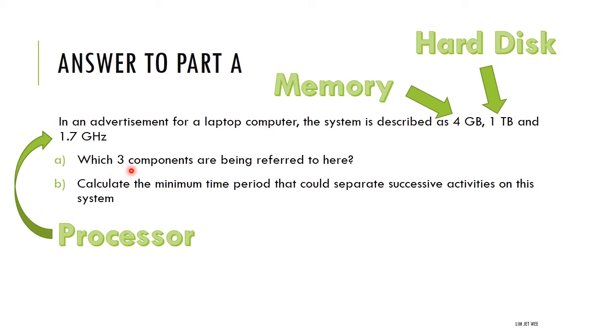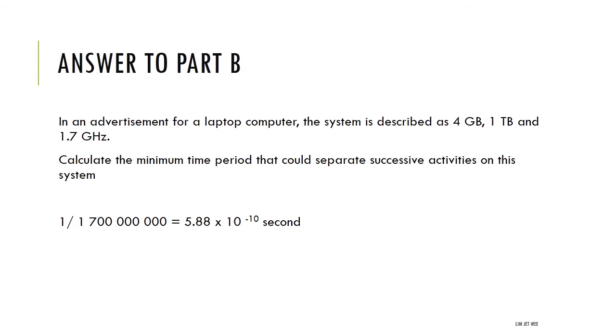But it is part B that most students will have problems with. So let's have a quick look at how part B is solved. If you look at part B, calculate the minimum time period.